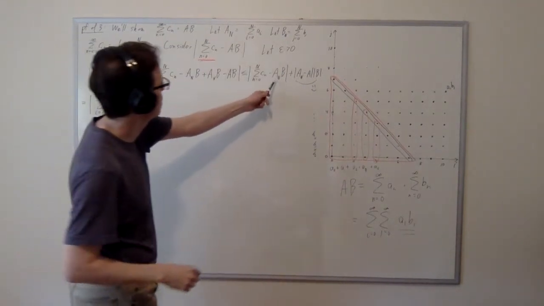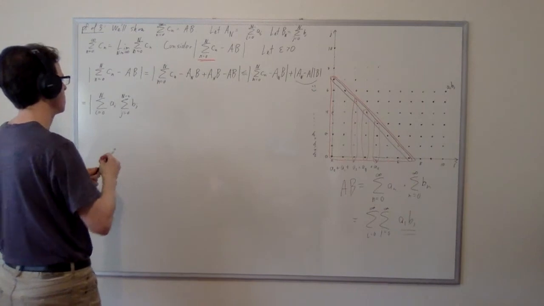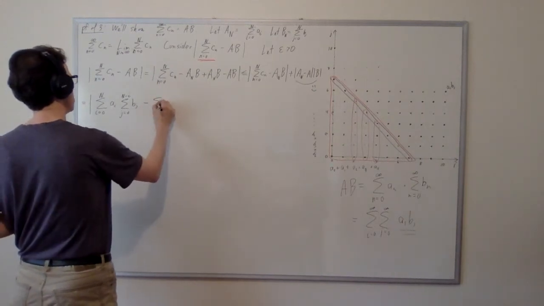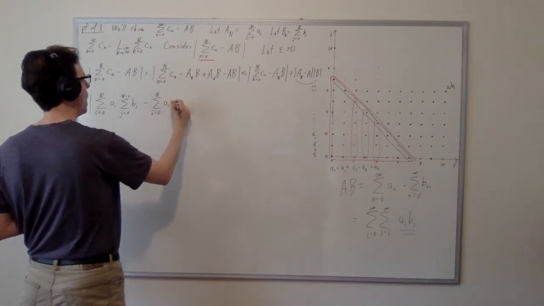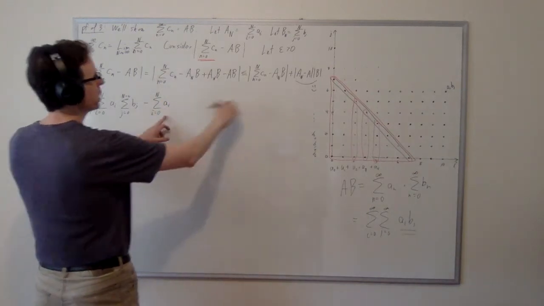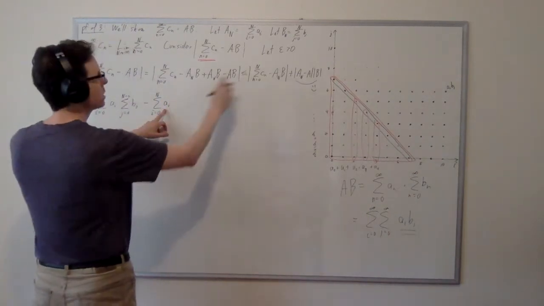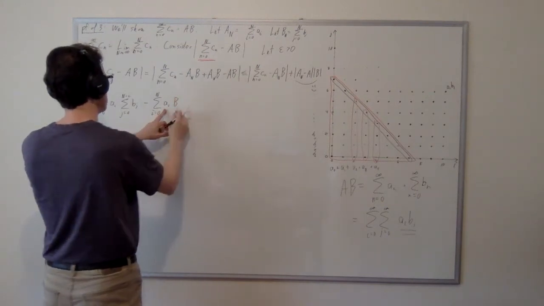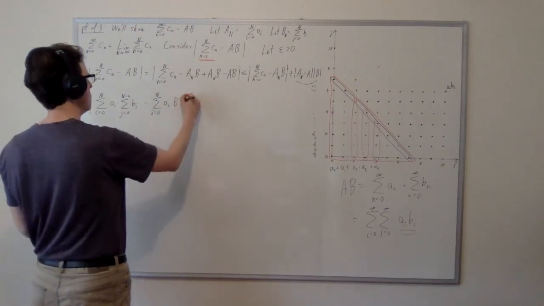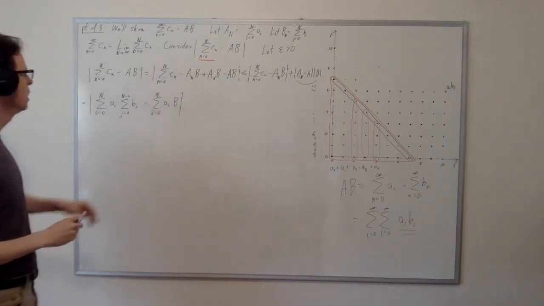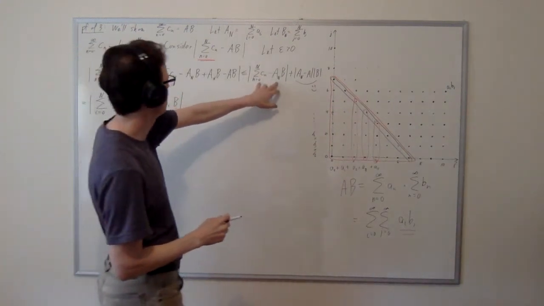Now let's open up this summation of a_n, and we'll see that something interesting happens. So this is minus the summation from i equals 0 to capital N of a_i times, so that's for the a_n, and then times B. It doesn't matter whether I put the B on the inside of the sum or the outside, so I'm not going to parenthesize it at all. That opens up what this thing is doing.